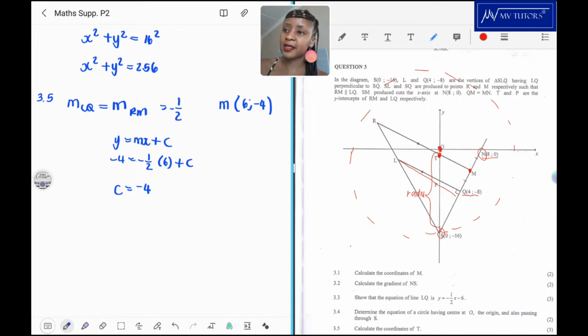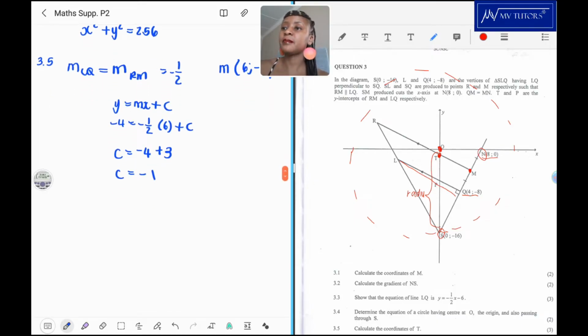If you take it to the other side, +3. So our intercept is -1. That is T. Since they asked us for the coordinates, it's going to be (0, -1).